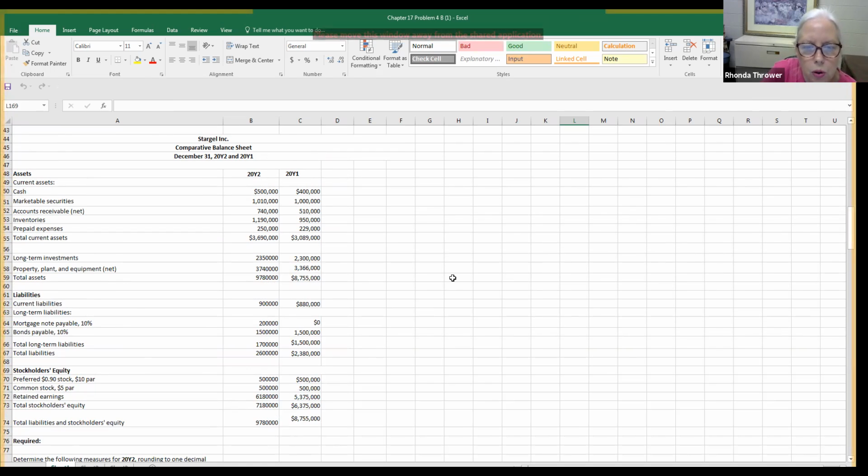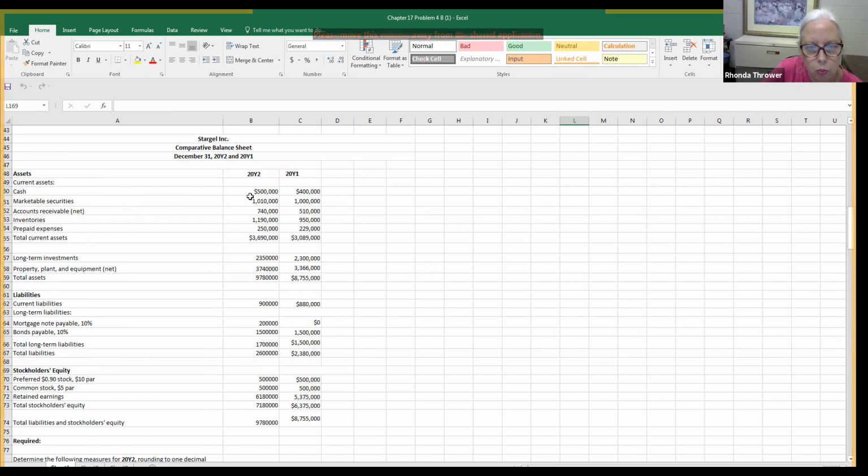We're going to start with the first ratio of current position analysis, which is working capital. And working capital would consist of your current assets. That's why I flipped down here to the balance sheet. Your current assets are given for 2 different years.